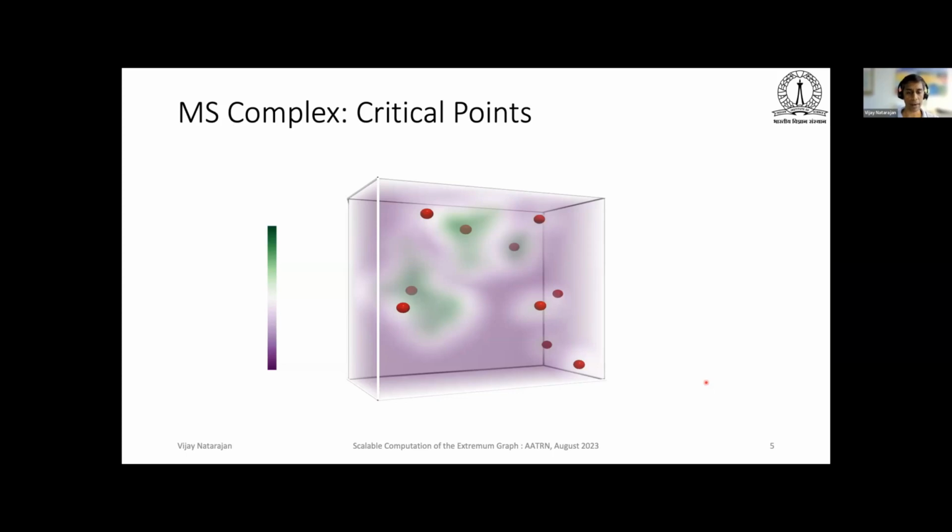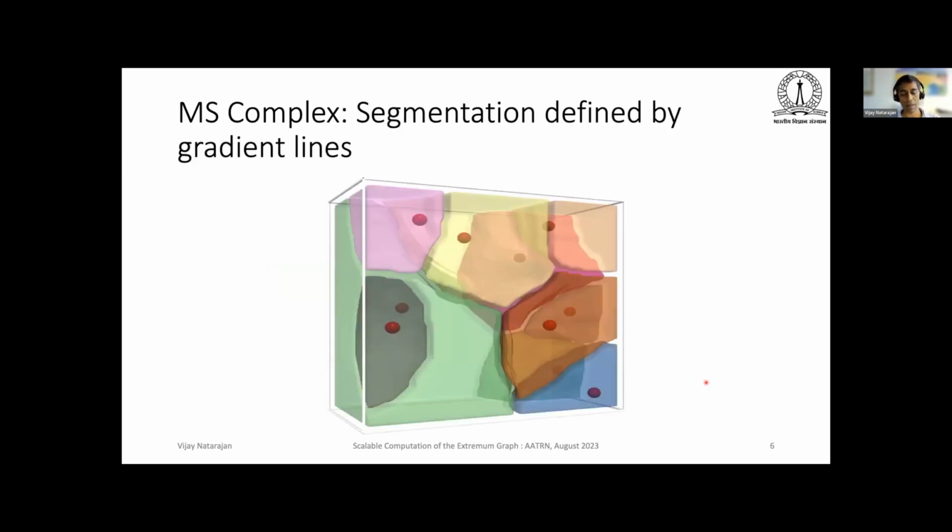I do not show the other critical points. In 2D, if you think of each maximum as a peak, then we can associate the mountain corresponding to that peak. So similarly, we associate a region corresponding to each local maximum in this 3D volume. And this gives us a decomposition of the domain into these different segments.